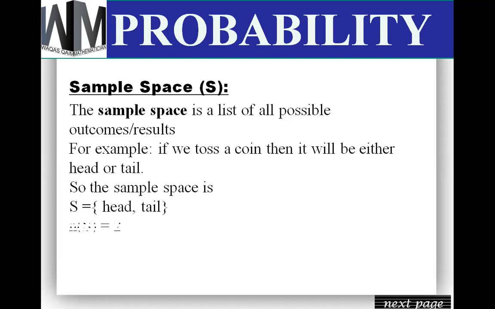And there is one more thing: when we write n(S), it means the number of possible outcomes. There are two possible outcomes, so n(S) is 2. Now, are we clear? If anyone has any confusion, they can raise their hand or write in the chat.